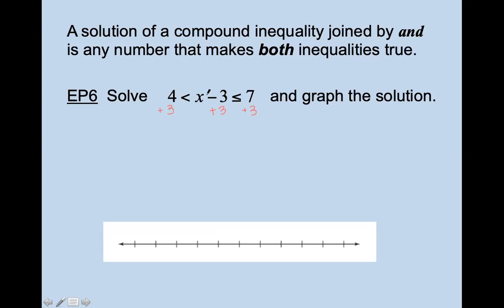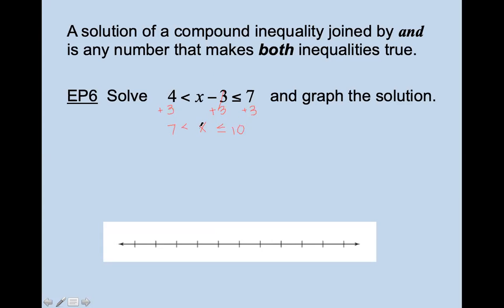Because remember, whatever we do to one side, we have to do to another. Well, in this case, you actually have 2 inequalities, so it's like 2 sides you have to deal with. So that moves our 3 from the middle. On this side, we have 7 is less than, we have our x by itself. And on this side, we have less than or equal to 10.